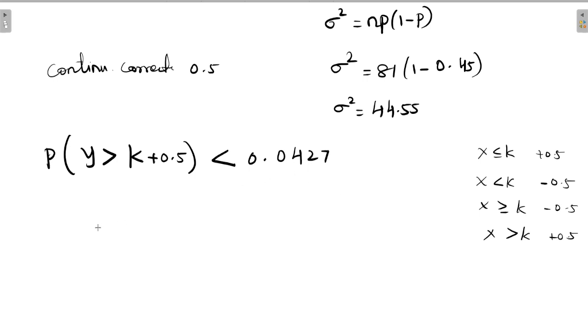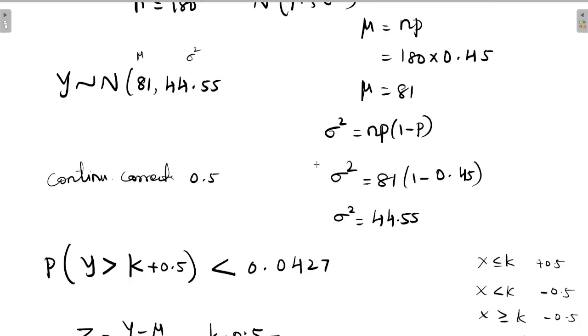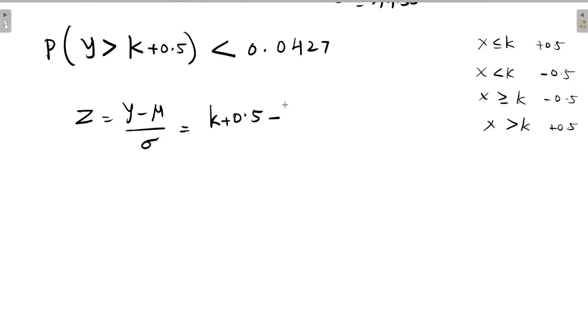So now we can use standardization. So z equals y minus mu divided by sigma, which is equal to k plus 0.5 minus the mu value, which we just found is 81, divided by the square root of 44.55.